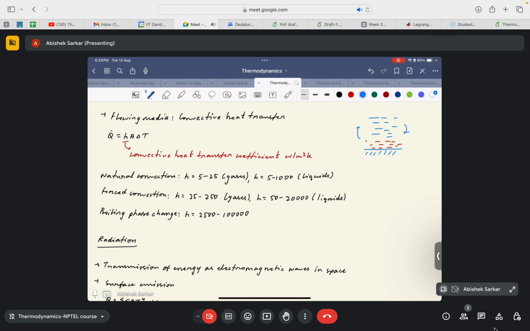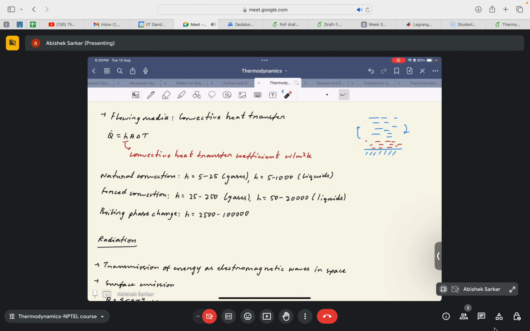So the heavier air will try to come down and the lighter air which is heated will try to go up. Okay, and because of this motion it will generate a convective heat transfer. That's known as natural convection, and in those cases the value of h is comparatively lower than forced convection.